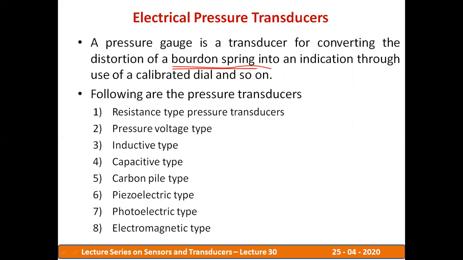The Bourdon tube senses the pressure and converts that into a movement or a displacement. As we have seen in the previous transducers, it senses the pressure and proportionately moves the slider.